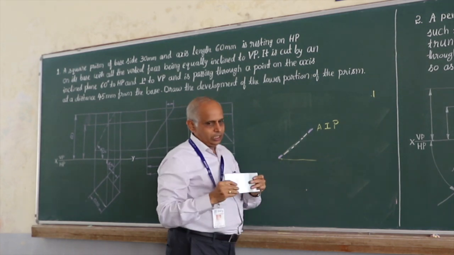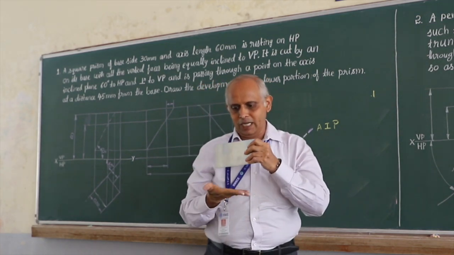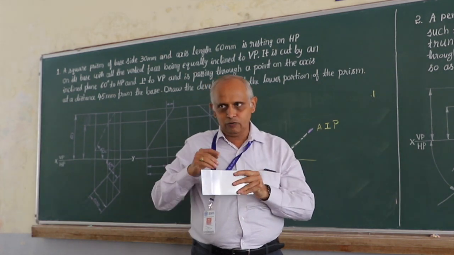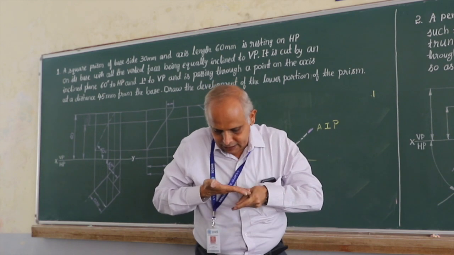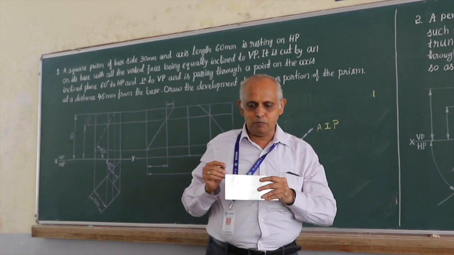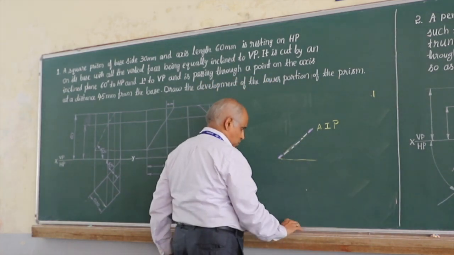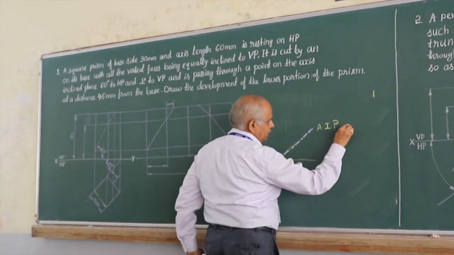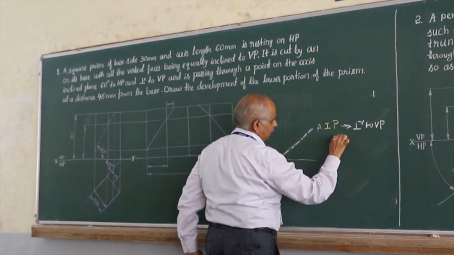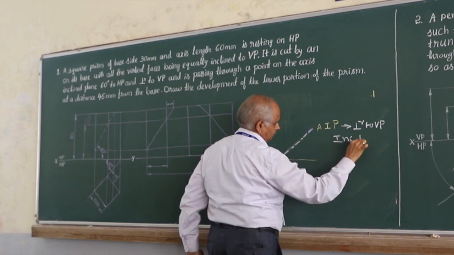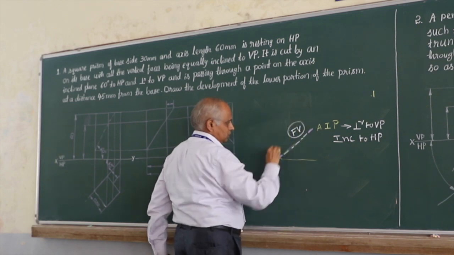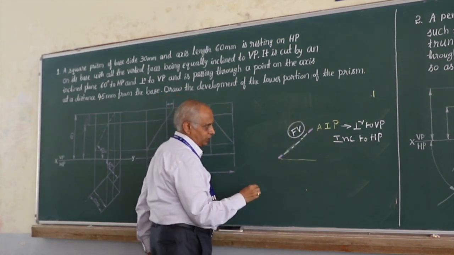On the other hand, there could be a section plane which is perpendicular to HP. If it is perpendicular to HP and inclined to VP, that means in top view you can see it like this. This will give you the inclination with respect to the vertical plane, and such a plane is called AVP. So the AIP is, remember, perpendicular to VP and inclined to HP, and this is in front view. This is called the trace of the section plane.